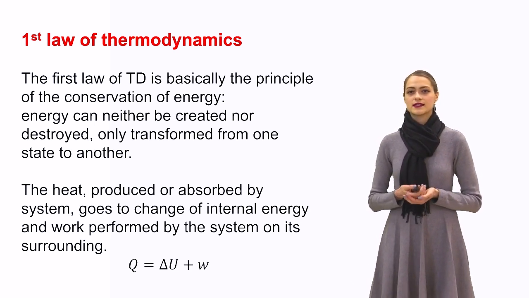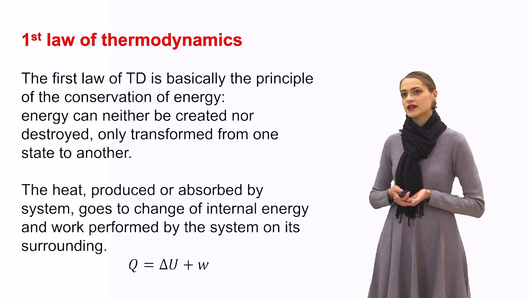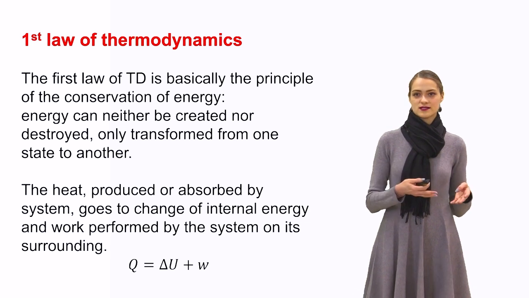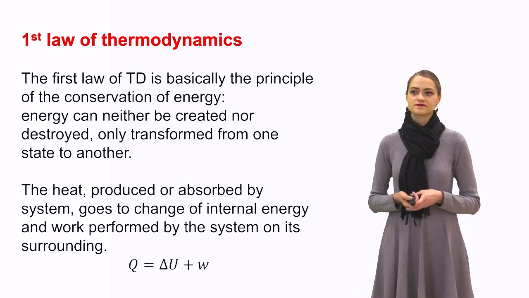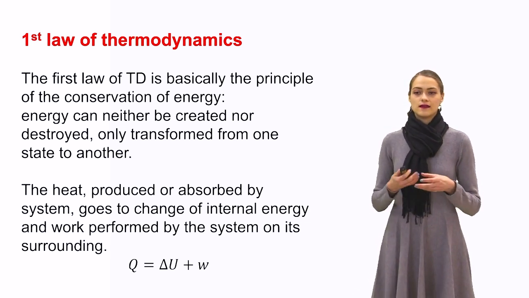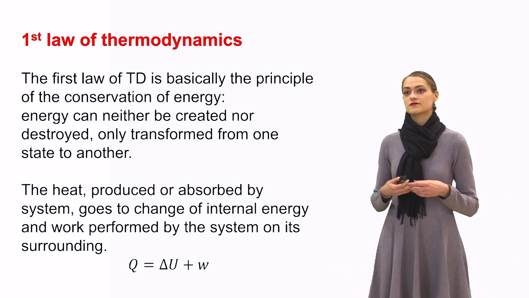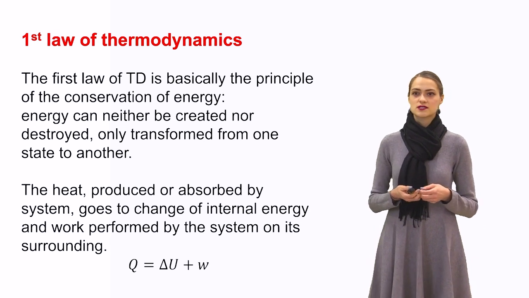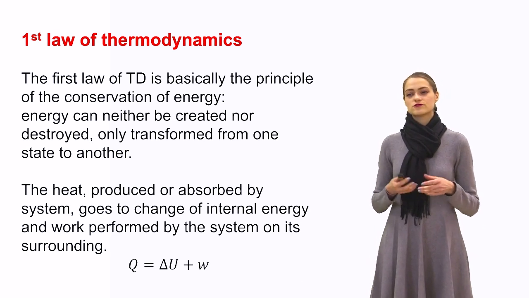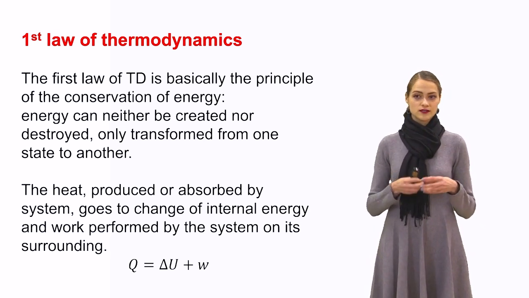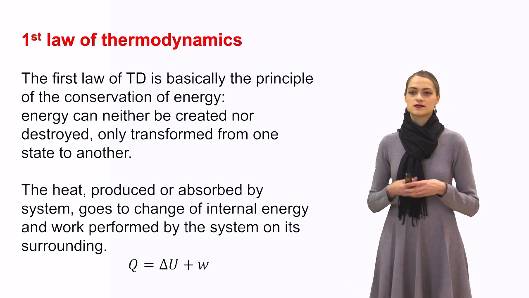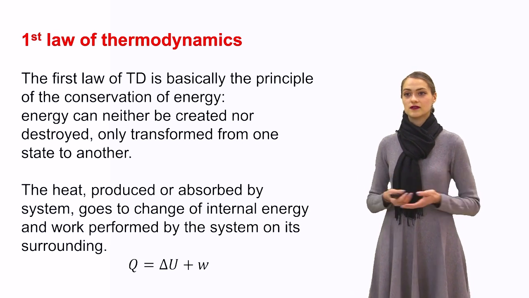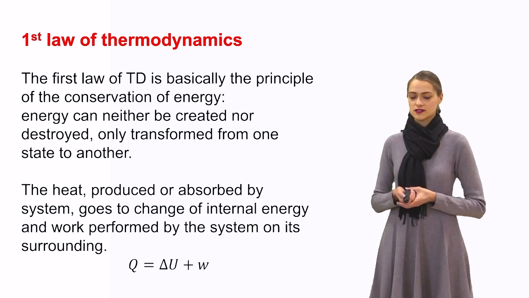And it tells us that energy can never be created nor destroyed, but just transformed from one state to another state. And heat that is released or absorbed by our thermodynamic system goes to change the internal energy of the system and goes to work performed by the system on our environment in given conditions.